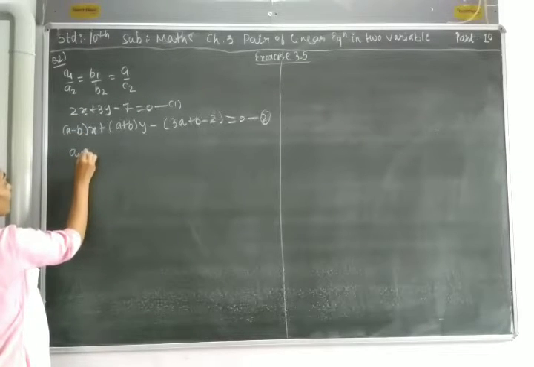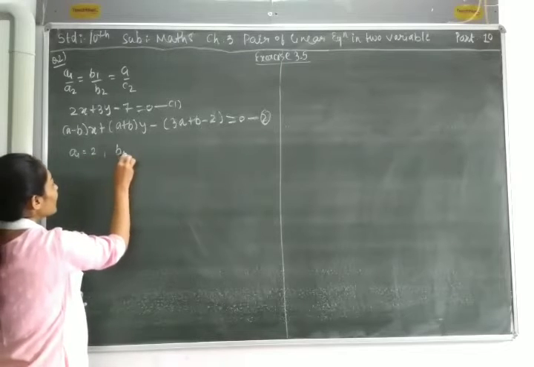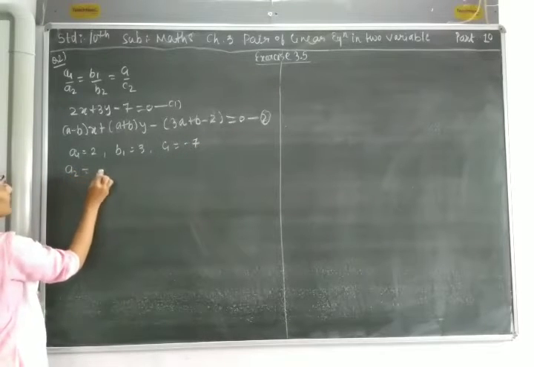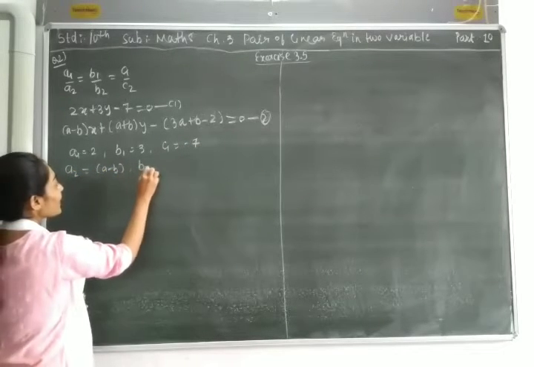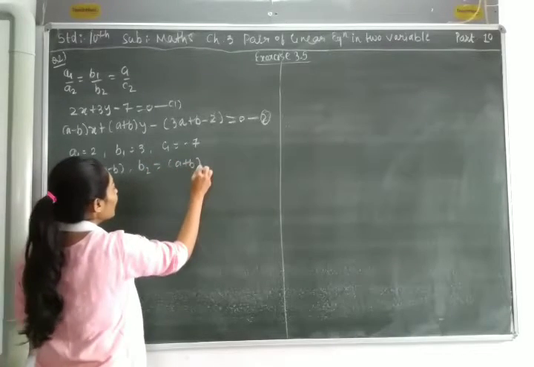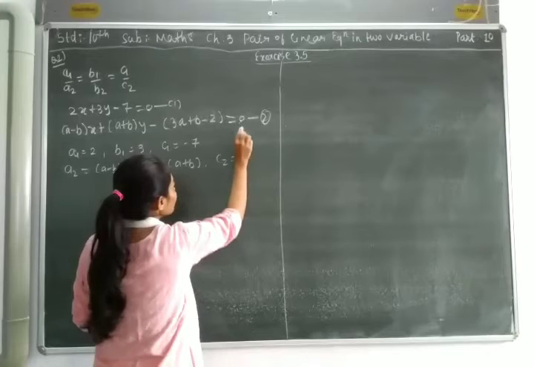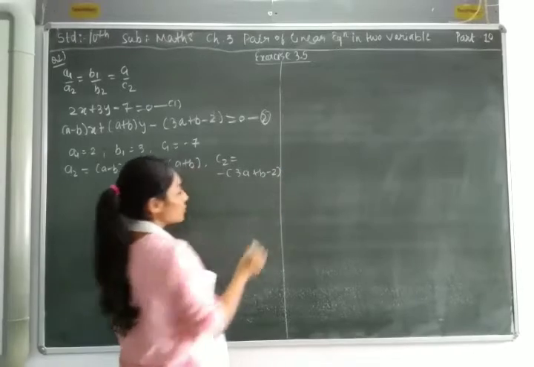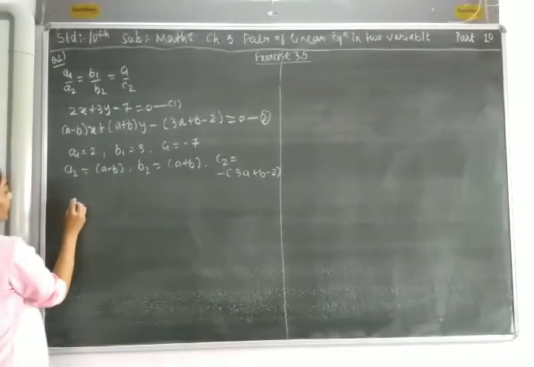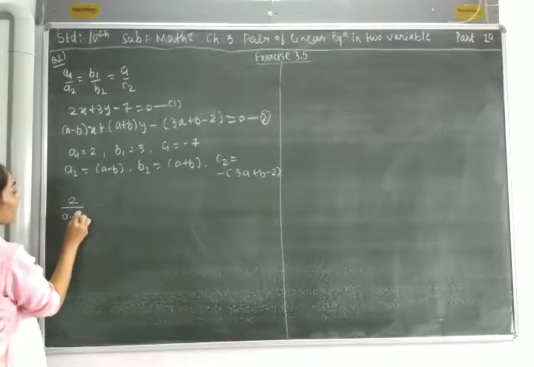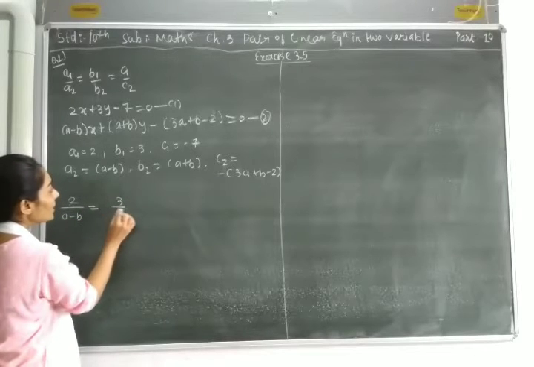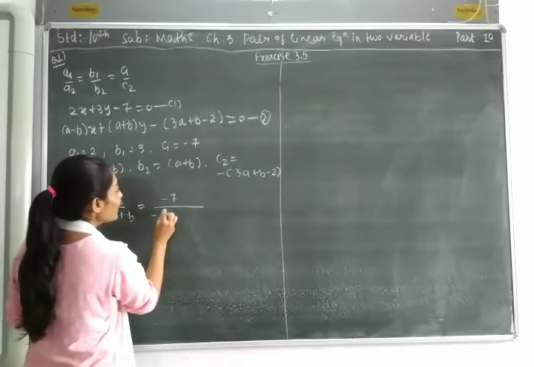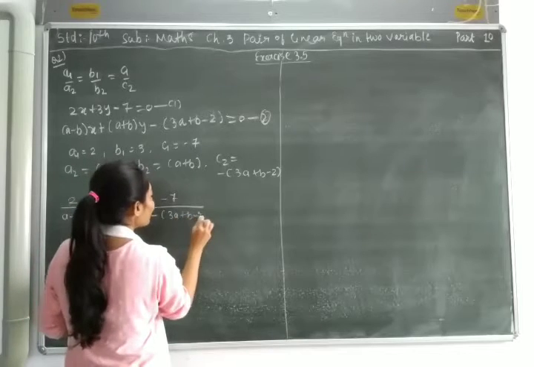So here a1 is 2, b1 is 3, and c1 is minus 7. Now a2 is a minus b, b2 is a plus b, and c2 is minus 3a plus b minus 2. Now, 2 divided by a minus b equals 3 divided by a plus b equals minus 7 divided by minus 3a plus b minus 2.